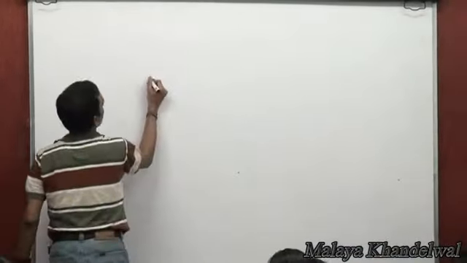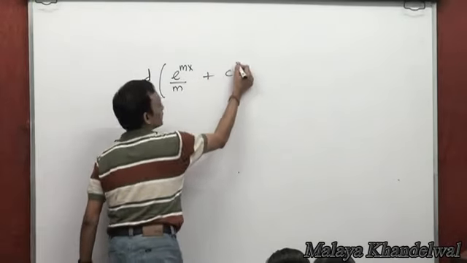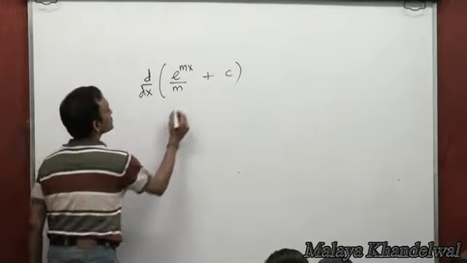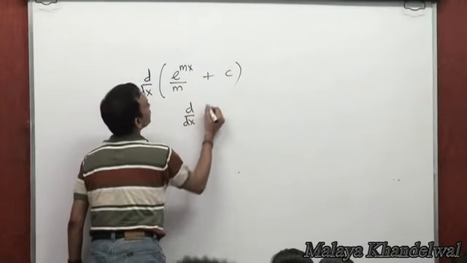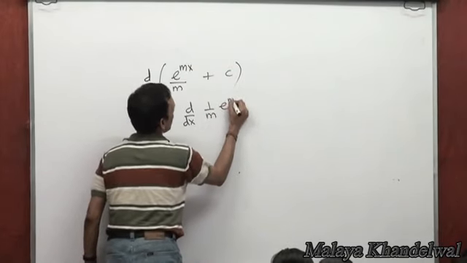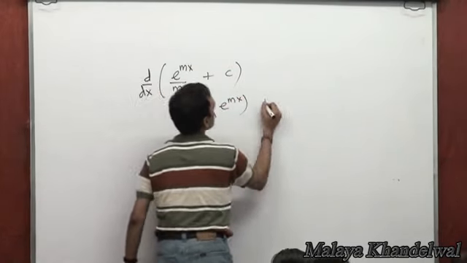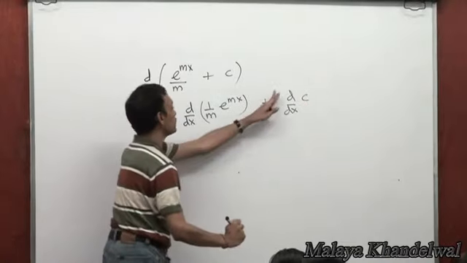Now, d/dx of e power mx by m plus c. When I differentiate this, this is going to be d/dx of 1 by m e power mx plus d/dx of c. C is a constant, goes into oblivion, 0.